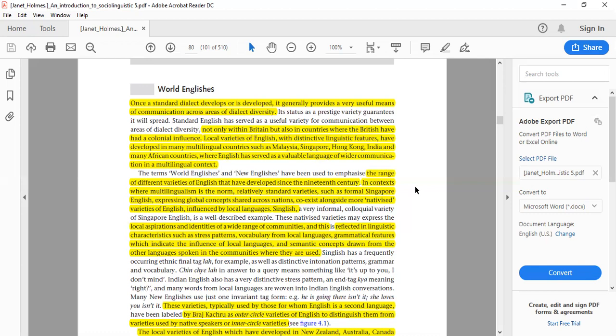Same is the case with Singaporean English. These are the world Englishes, and they were created because of the colonies, but not just because of the colonies. It was also created because of the importance of native speakers of the English language. So it's not just the colonies, but also the monetary gains that we can get through the English language.